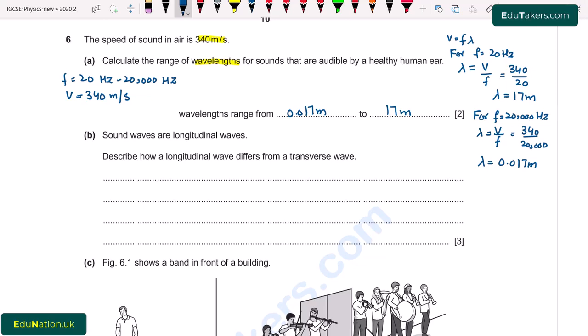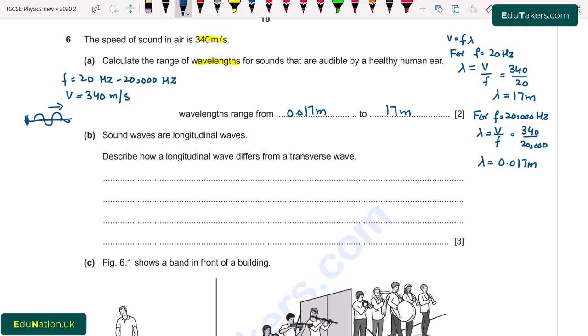If I consider a string, and this is a string, I am holding one end of the string, you can see that the energy is transferred in this direction. But if I move the string up and down, I create vibration in this direction.